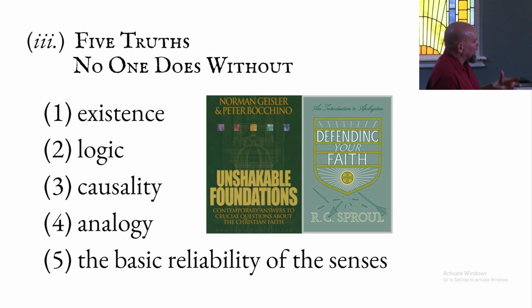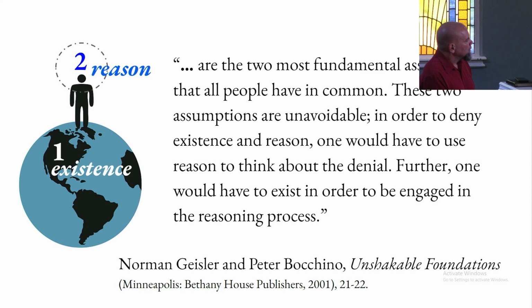And so I just combine these and call them 5 truths that nobody does without. And you can show that and need to show that. It becomes very powerful. Let's look at the first 2.